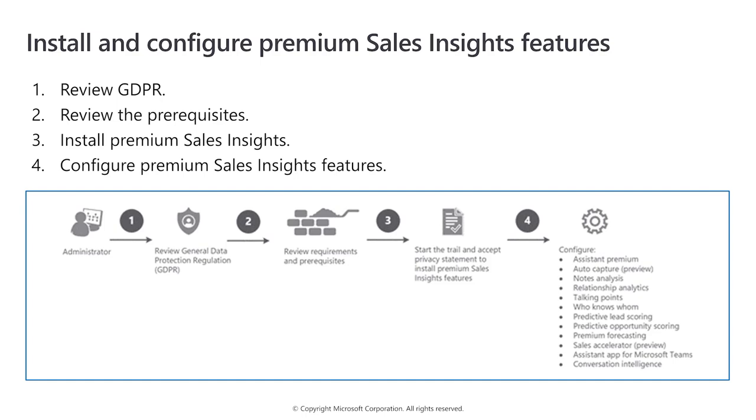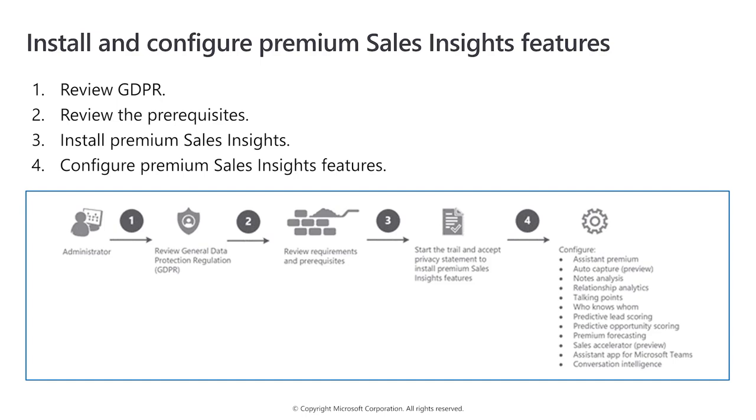Again, looking at this process, as an administrator we want to review the General Data Protection Regulation, GDPR. We review the requirements and prerequisites. We start the trial and accept privacy statements to install Premium Sales Insights features. And then we can go through and configure the following.